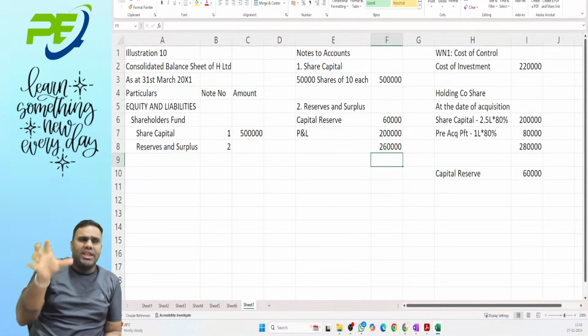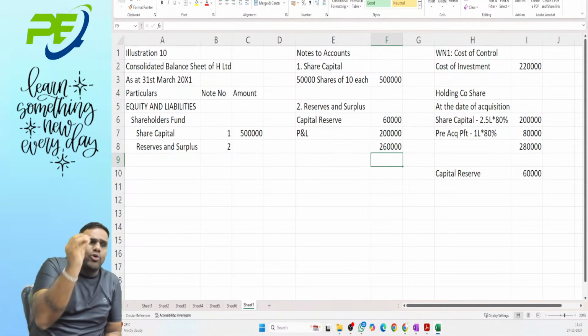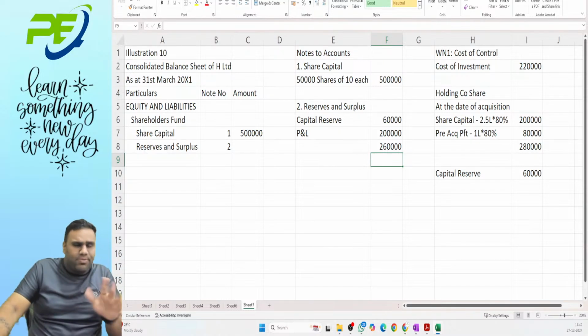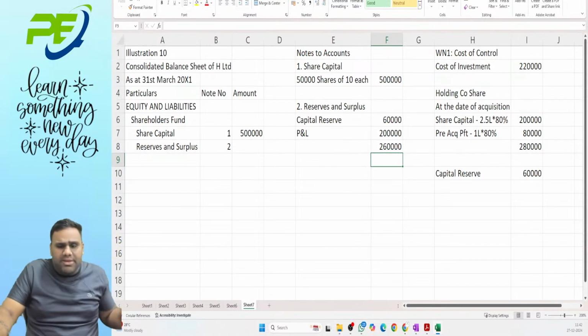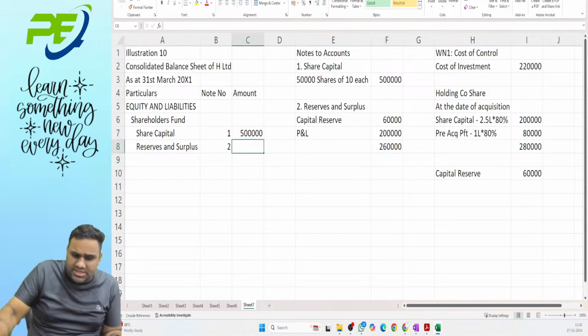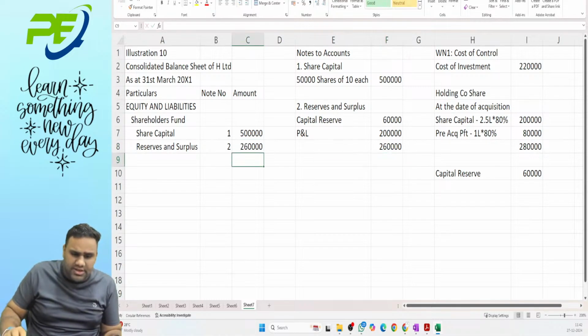So whatever is the subsidiary's post acquisition reserve, in that, the holding company's share we will add. In this problem we did not add, everything was pre-acquisition. So this is 2,60,000, everyone.